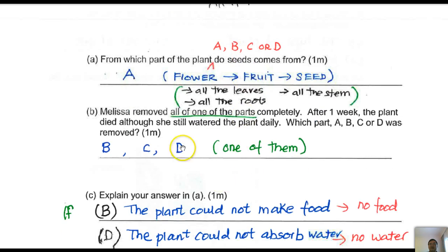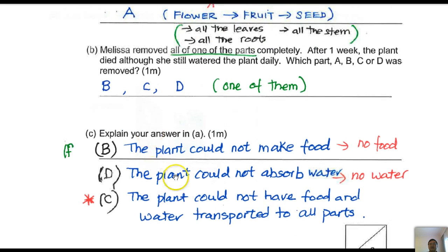Of course, the other answers will be B or D or C, right? These are the reasons. If you answered B, the plant could not make food, right? You pluck out all the leaves, the plant could not make food. Next, if you state D, of course it could not absorb water, right? That is how you answer.